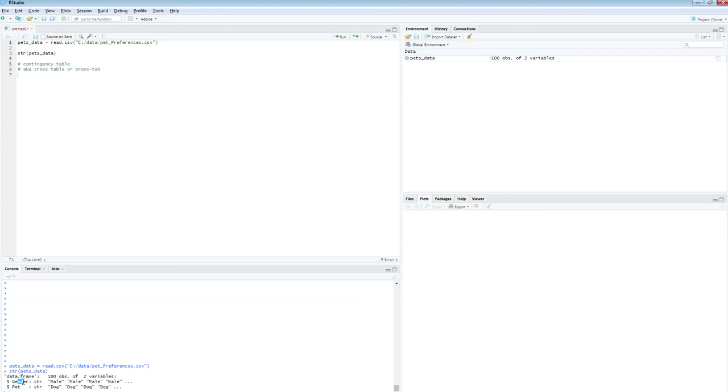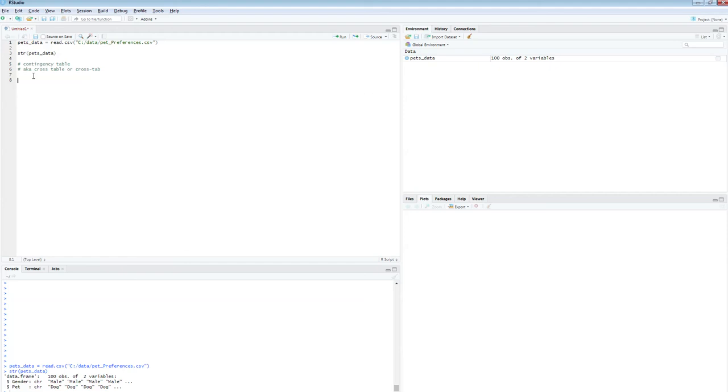The variable gender has two values, and you can see it's a character, so it's categorical nominal: male, female. And the variable pet also has two values, dog and cat, right? So the cross tab, which I'm about to create, is an attempt to summarize simultaneously the distribution of two categorical variables. In my case, it's nominal variables.